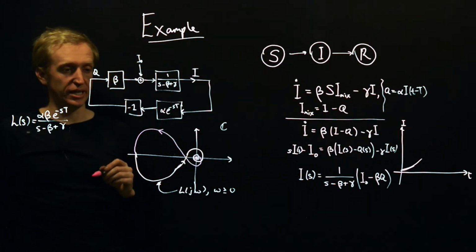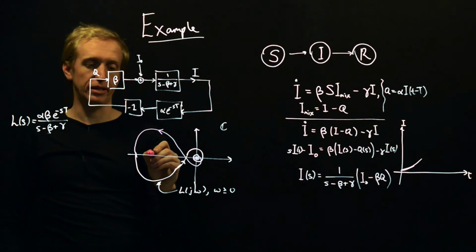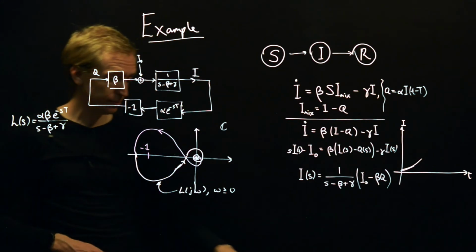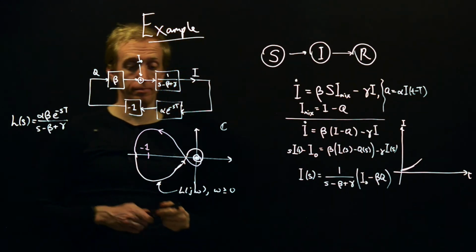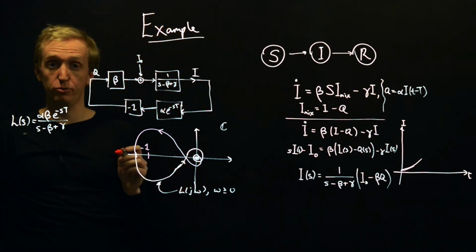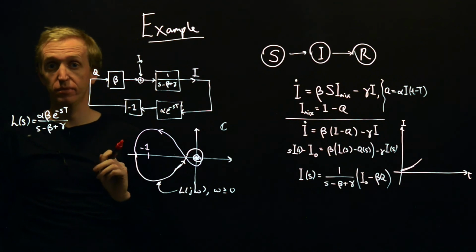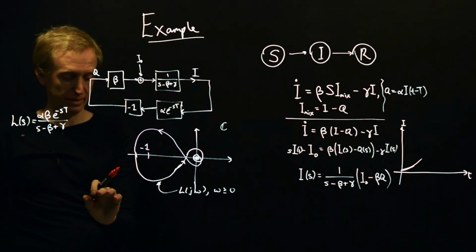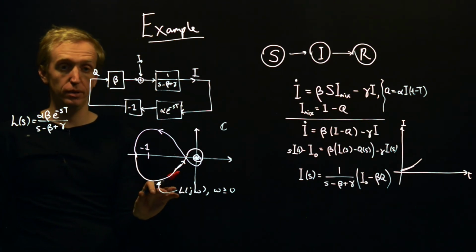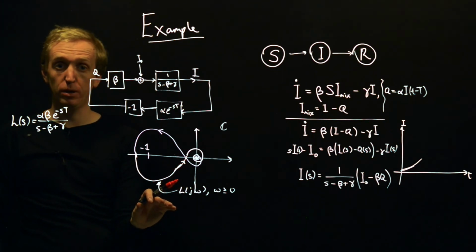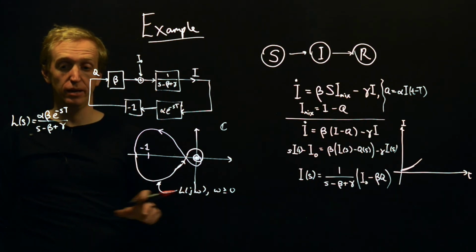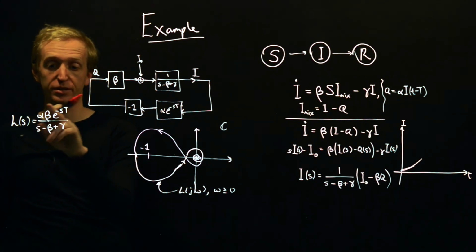And now we're ready. And so let's say minus 1 is there. So the Nyquist criterion says that the number of open loop unstable poles is equal to the number of closed loop unstable poles plus the number of anti-clockwise encirclements. Do we have any open loop unstable poles?